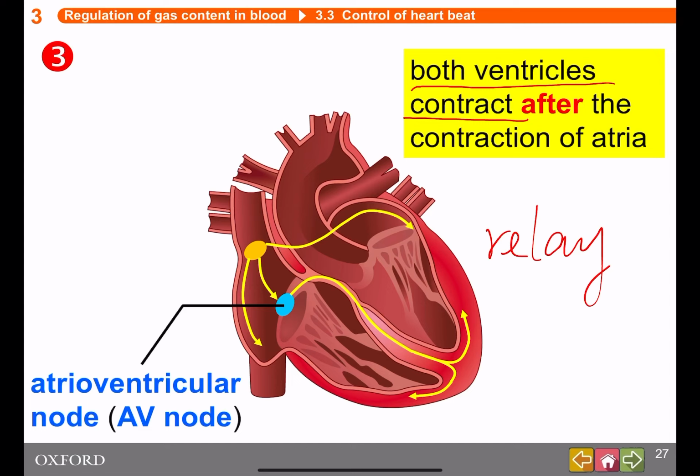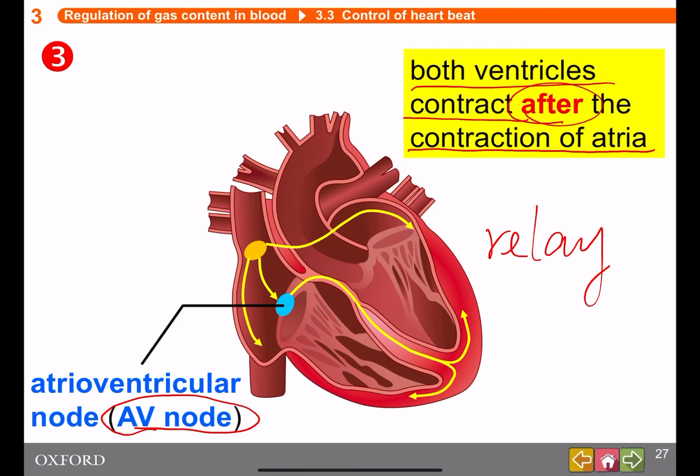But this conduction of the electrical impulse through the AV node will cause a short time delay. So the contraction of ventricles will be after the contraction of atria.